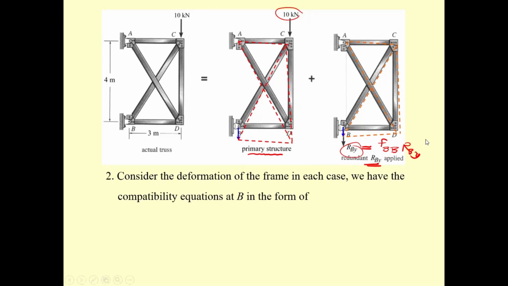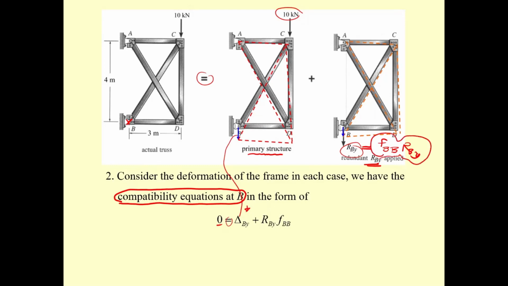Now you may write your compatibility at point B: 0 equals delta sub BY, with downward positive, plus R sub B times F sub BB, also downward, so this is positive.